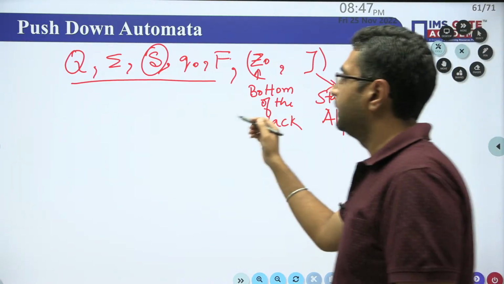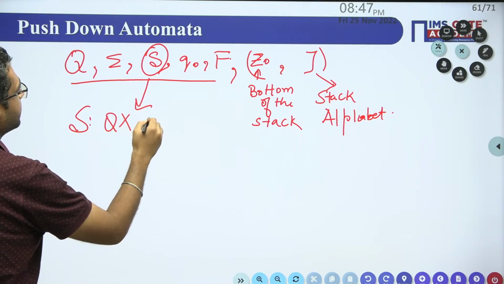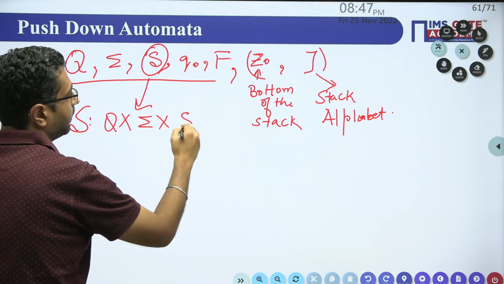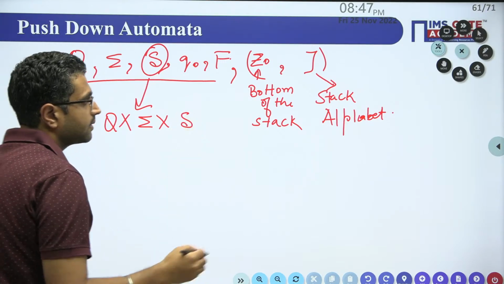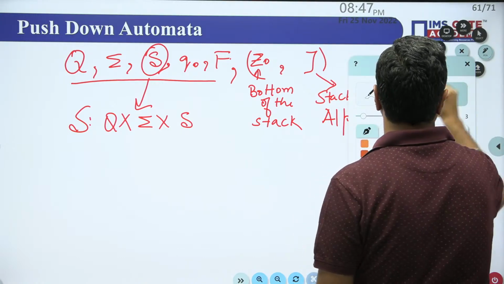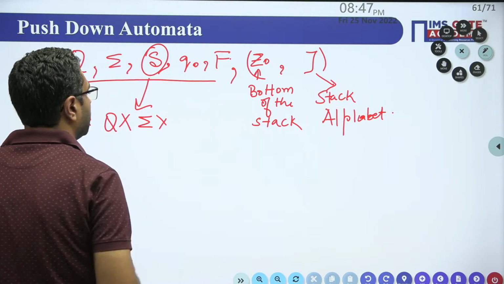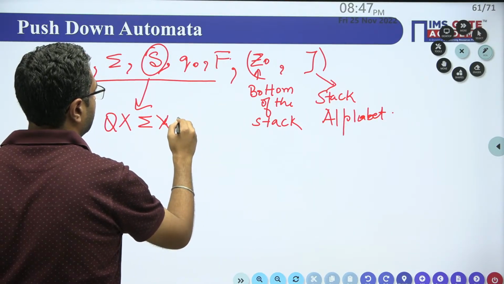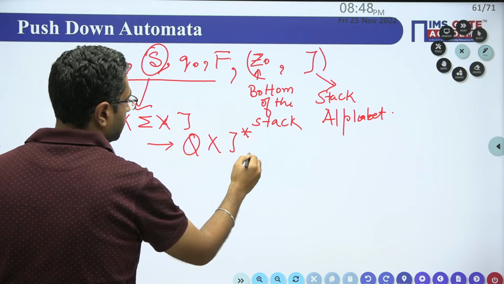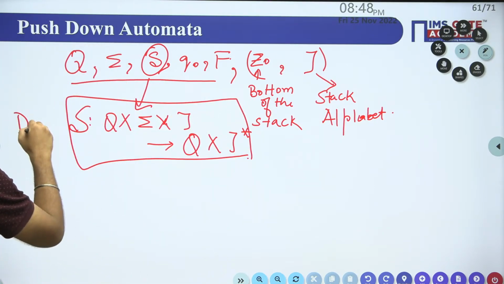Now what is my delta? Delta now becomes Q cross sigma cross tau, and it goes to Q cross tau star. So the delta function becomes this for deterministic pushdown automata.